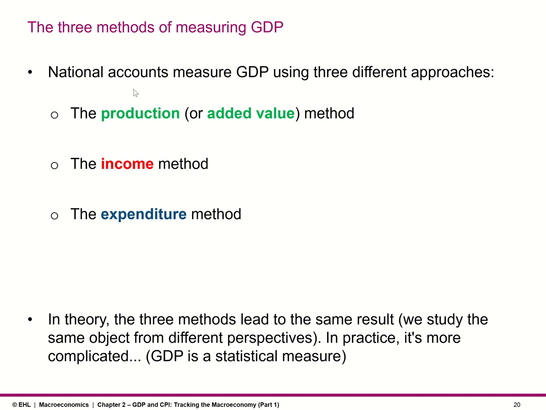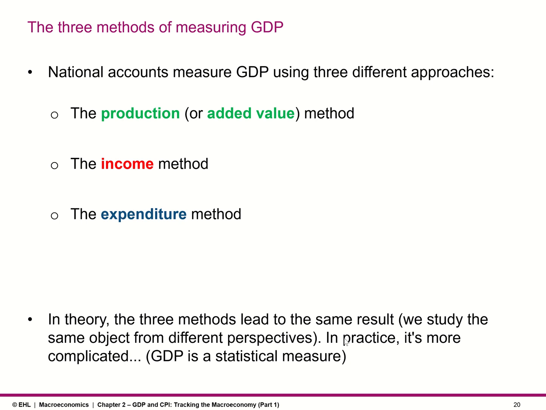So in theory, we could use any one of these three and obtain the same result. This is what is done actually. If you check federal statistical offices around the world, they would usually give you the GDP calculated according to these three methods and end up with the same result.